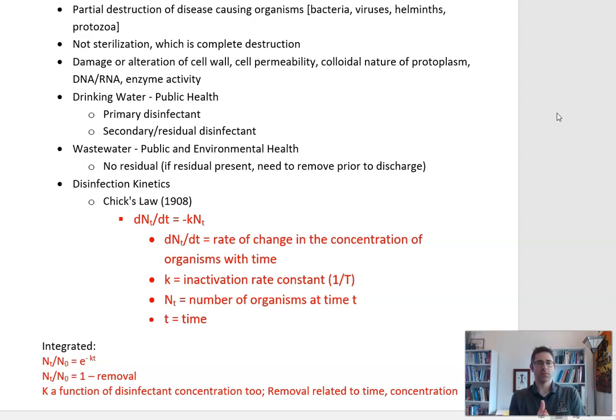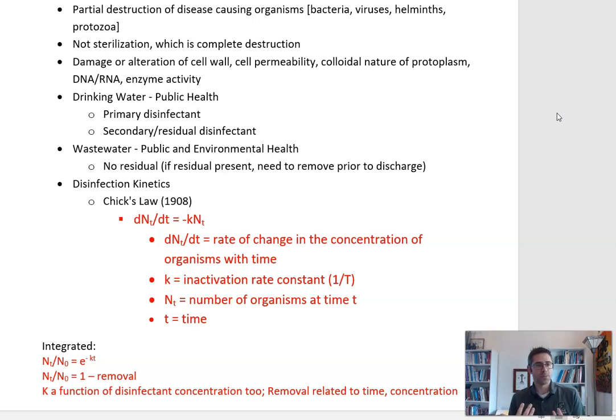As opposed to wastewater, where our concern is both public and environmental health, we want to disinfect the wastewater when we're done treating it so that we don't release disease-causing organisms into the environment. But we can't leave a residual disinfectant in the water because we're going to discharge it to the environment, and we don't want to be killing things that are out in the environment.